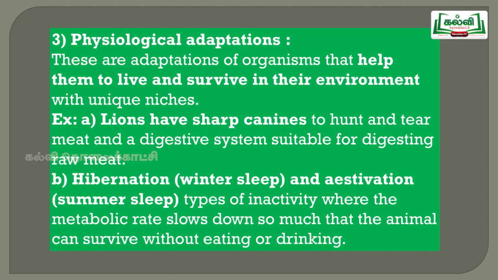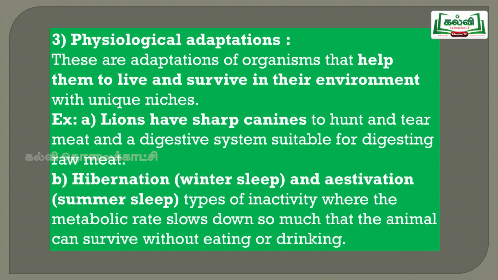Then the third one we have to write is physiological adaptation. These are adaptations of organisms that help them live and survive in their environment with unique niches. For example, lions have sharp canines to hunt and tear meat, and a digestive system suitable for digesting raw meat.